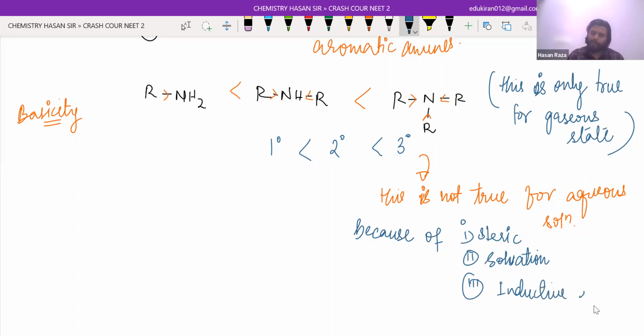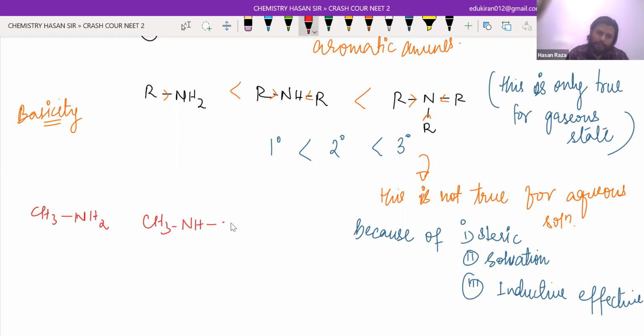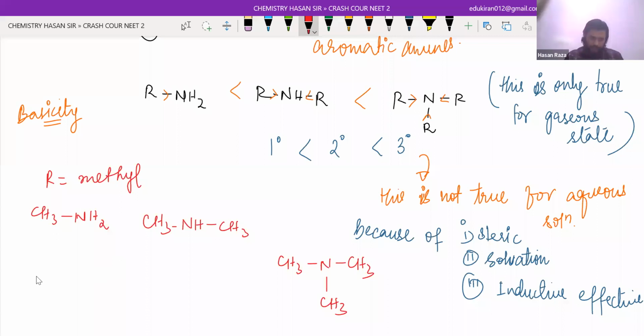Inductive effect. Now you have to be careful about this. If I'm going to give you CH3NH2, CH3NH CH3, and CH3 N CH3 CH3, when R is your methyl, we came to know secondary will be the most basic, then comes your primary, and then comes your tertiary.